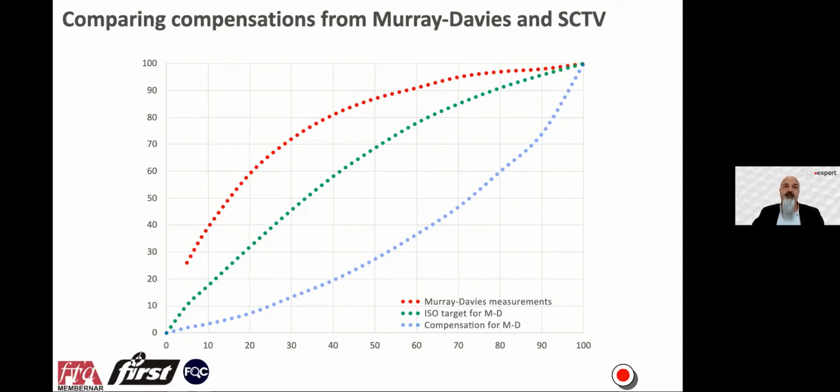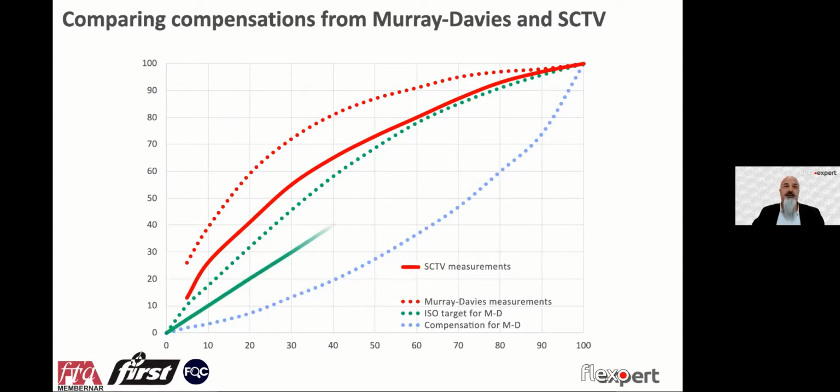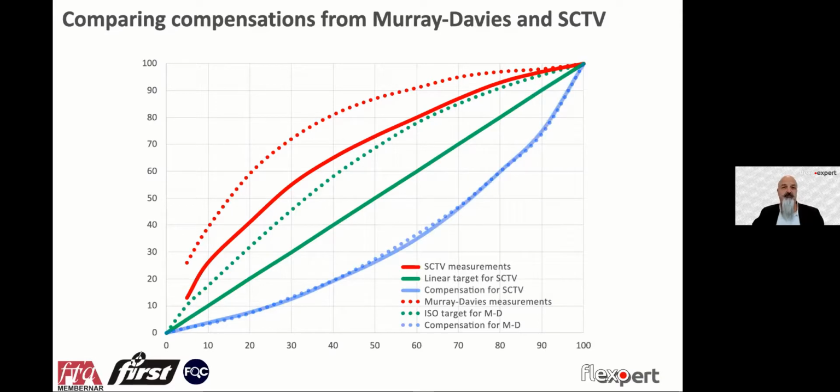With SCTV, of course, we get different measurements for the same patches, but our target is now linear, and when we calculate our compensation, the difference might not be that much. Don't expect them to be exactly identical, because they won't be, but they really won't be too much different. Remember, compensation curves are mechanical values on plate that are derived from optical measurements on print.